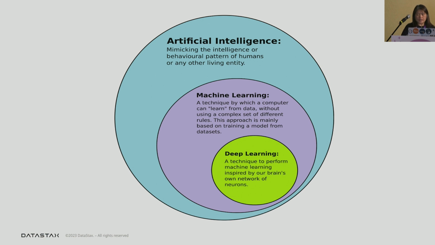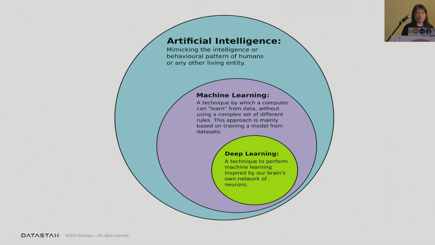This is the famous diagram describing AI like an onion. AI essentially mimics the intelligence or behavior patterns of human beings or any other living entity. Machine learning, if you get deeper into it, deals with techniques in which the computer can learn from data, and not so much from us writing code.